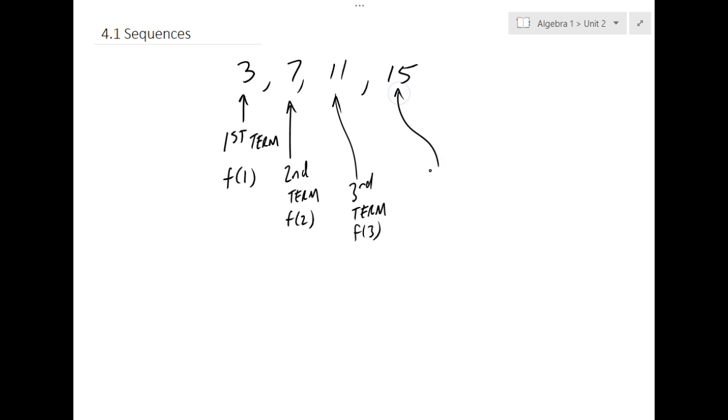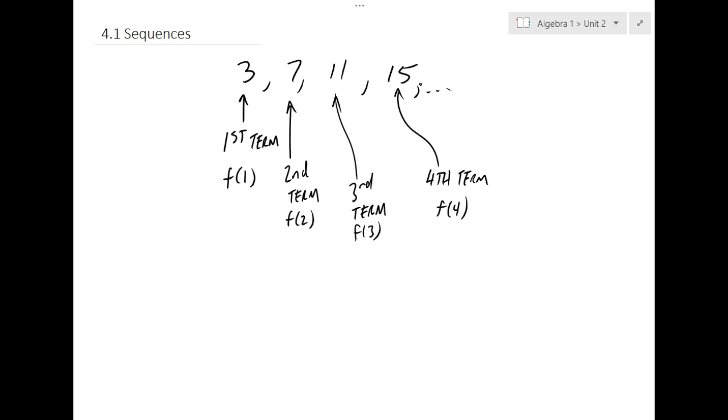Then this would be the fourth term, and we would algebraically write it as f of 4. This series could go on forever. If I wanted to know the 10th term, that would be f of 10, and so on.